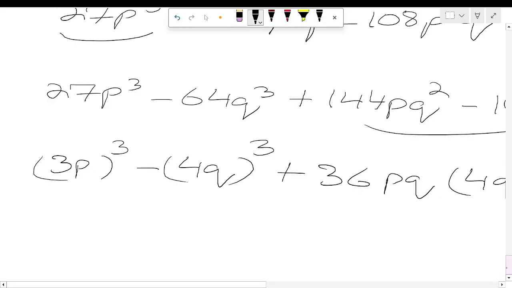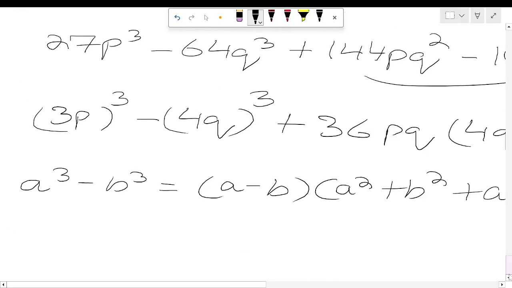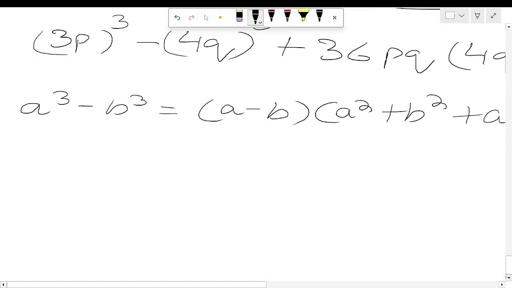So we need to simplify these terms into the formula of a cube minus b cube, which is equal to a minus b, and then a square plus b square plus ab. So let's write this term. Let's consider a as 3p and b as 4q.